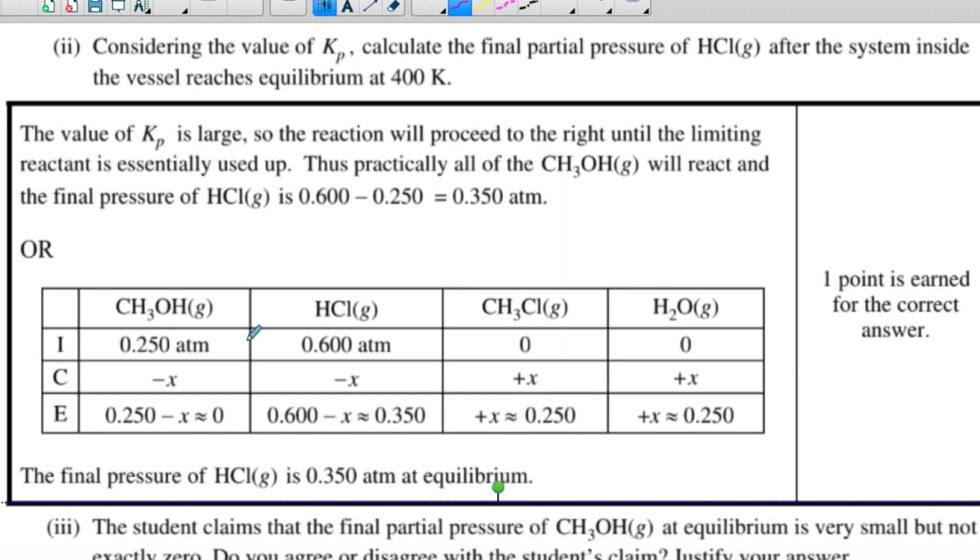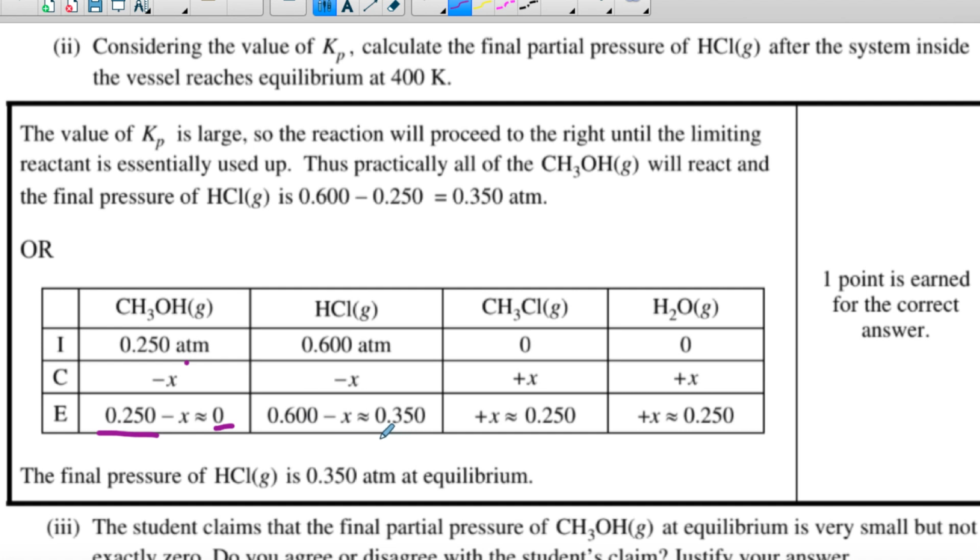So what it's saying is, who's the limiting reactant? Is it the CH3OH or the HCl? Well, from the chemical equation, you know that it's a 1-to-1 relationship. We're going to run out of the CH3OH first, so it's going to end up being 0 at the end. That means X has a value of 0.25 because we're going to use up all of the 0.25.